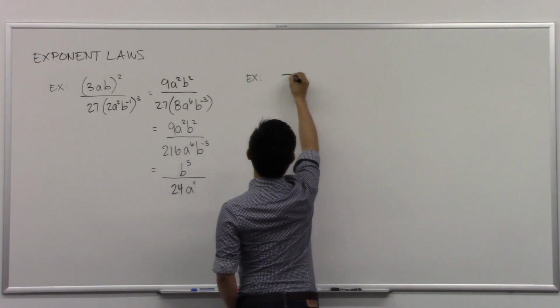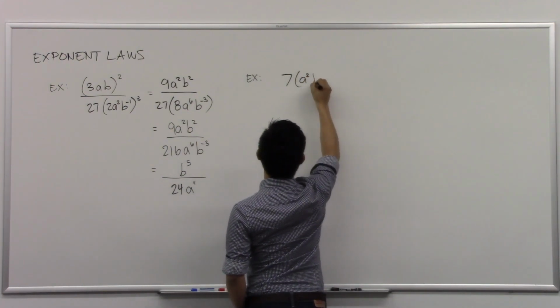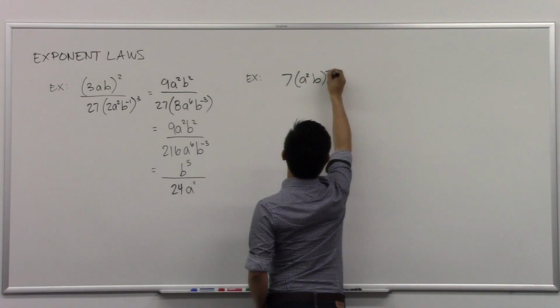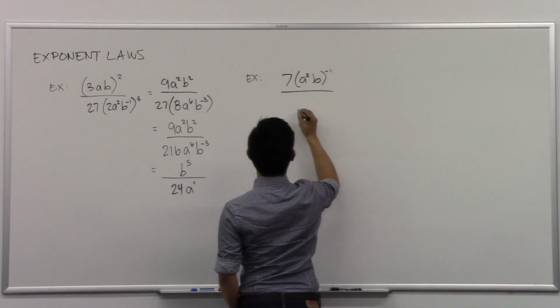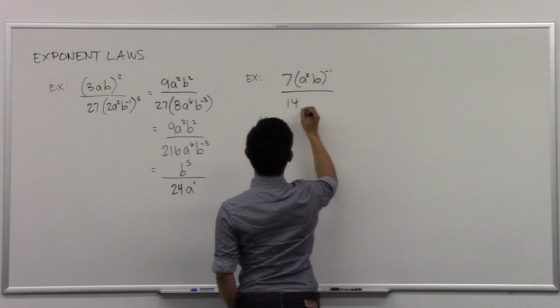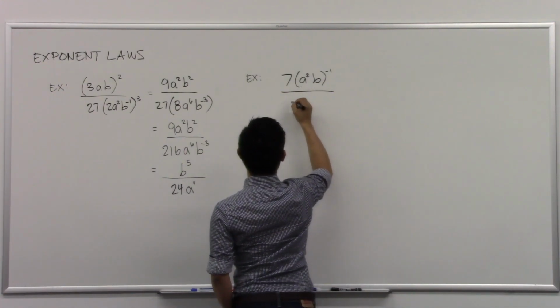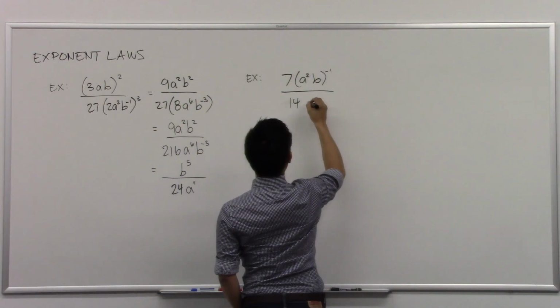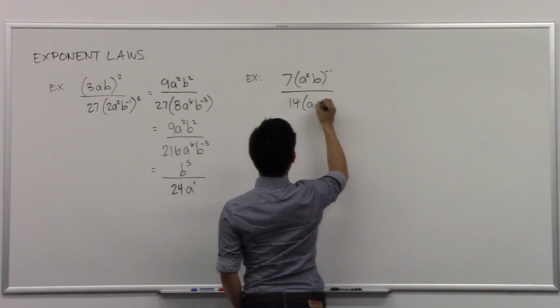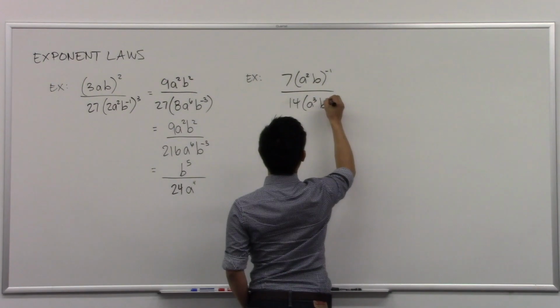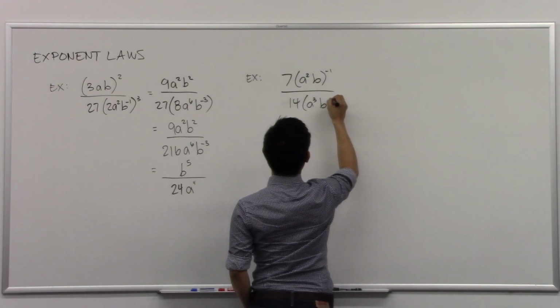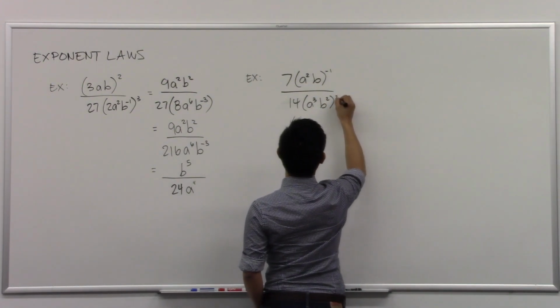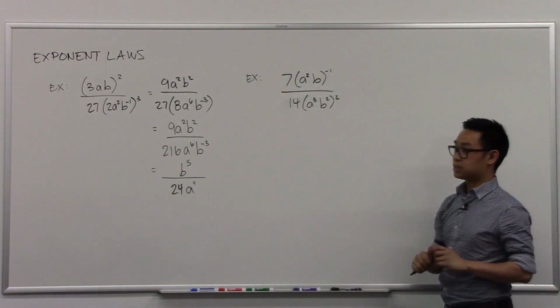What if I've given you 7a squared b to the negative 1 over 14a cubed b squared, all squared?